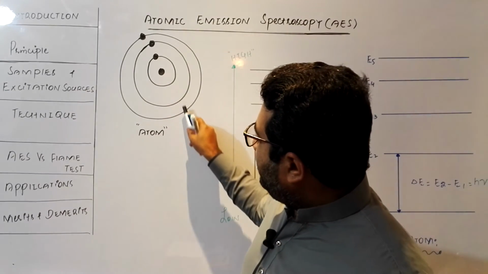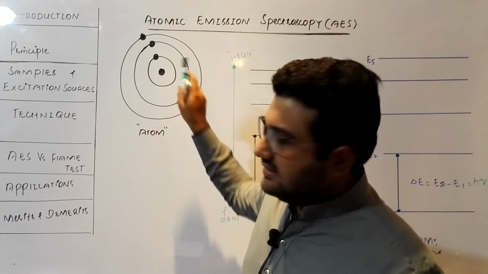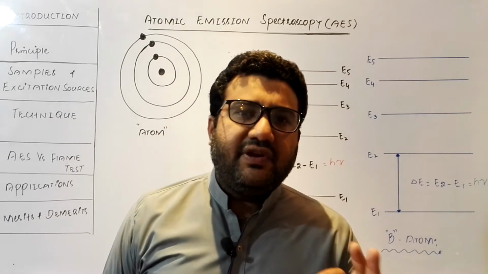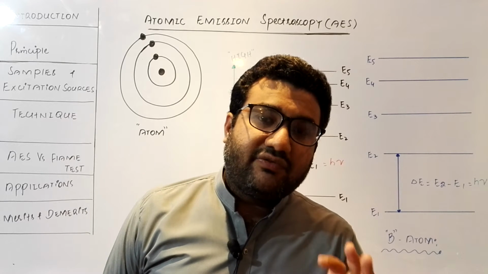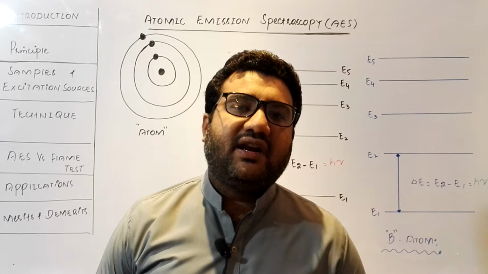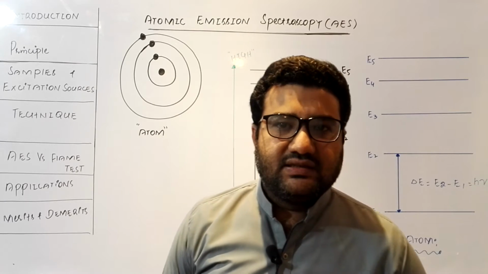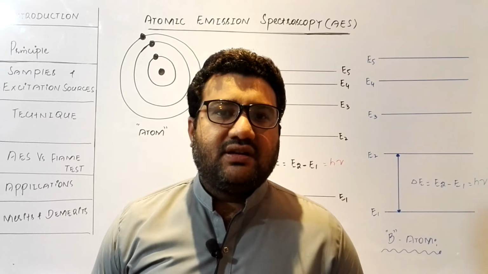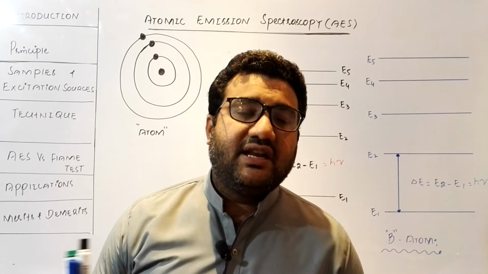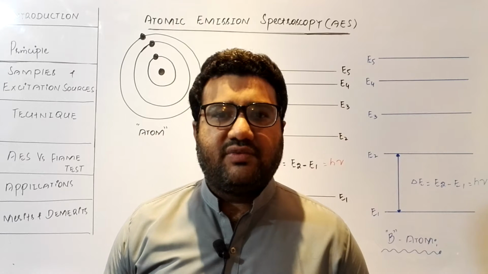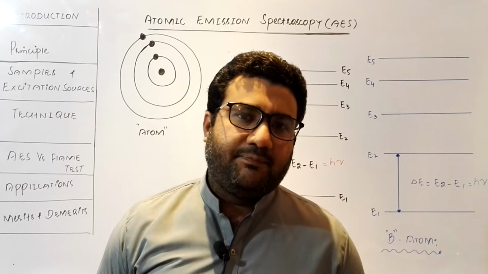Keep in mind that every atom, even an atom of hydrogen, has an infinite number of shells or orbits or energy levels. In this lecture, I will be using the word energy level frequently. I will not use the words shells or orbits, although they also mean the same.